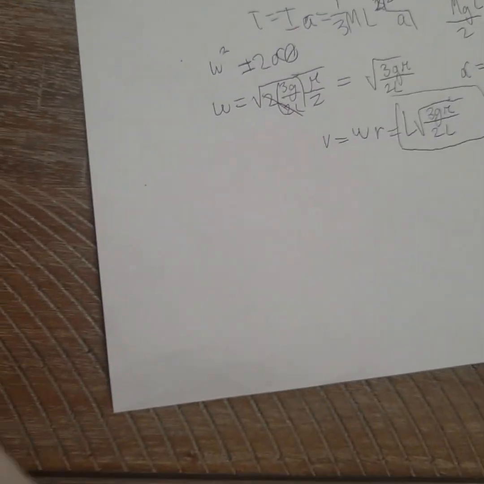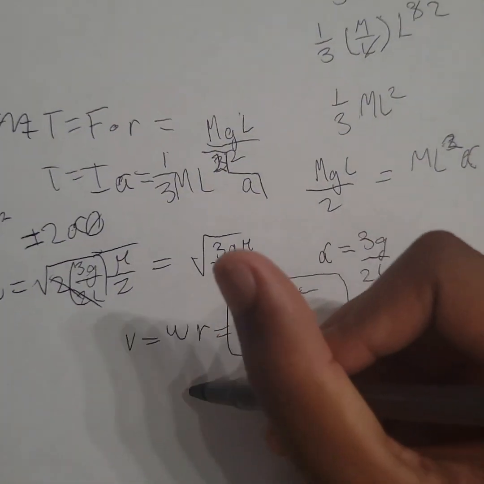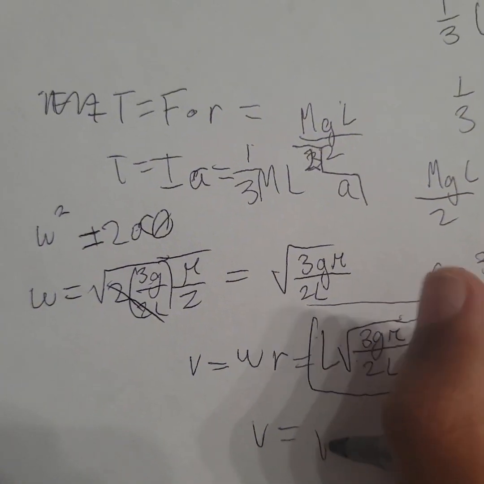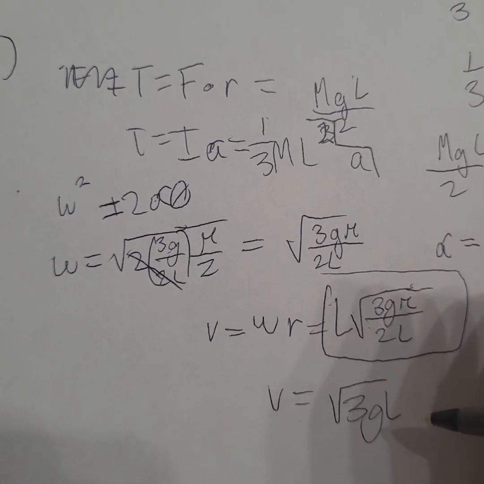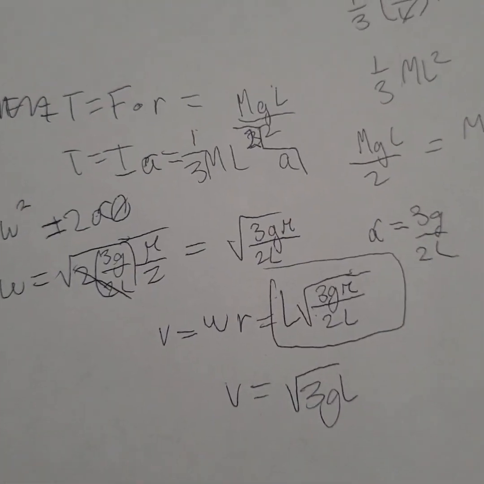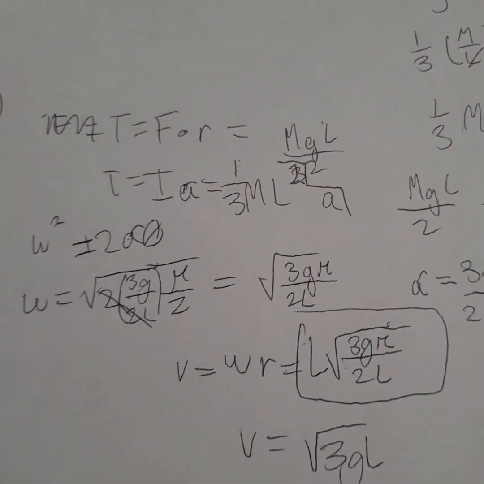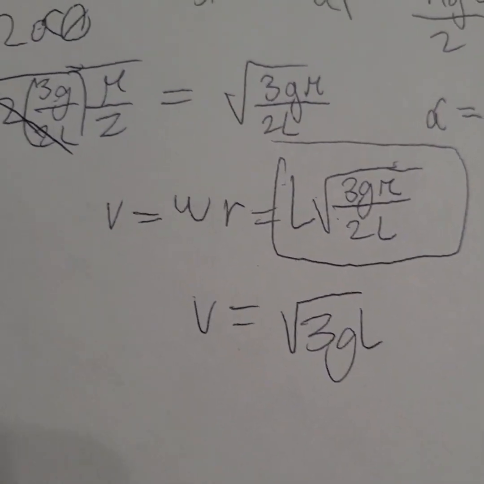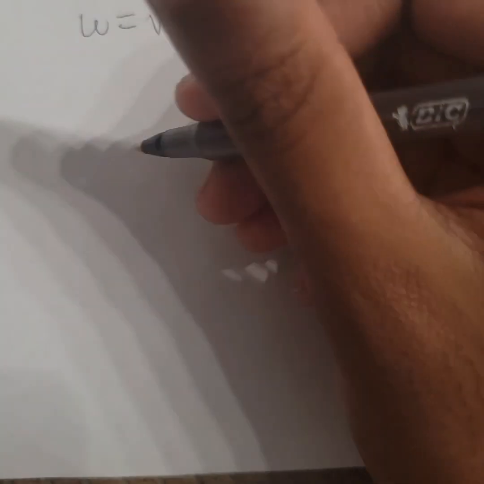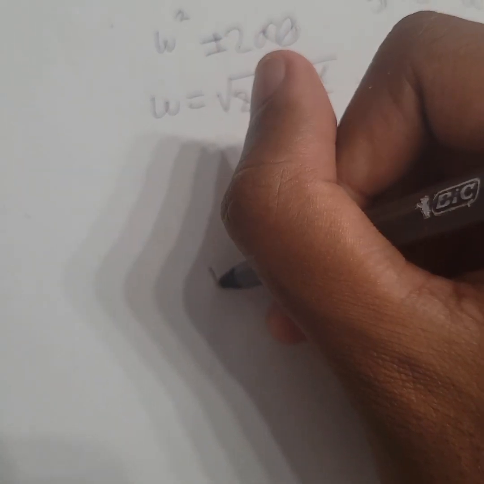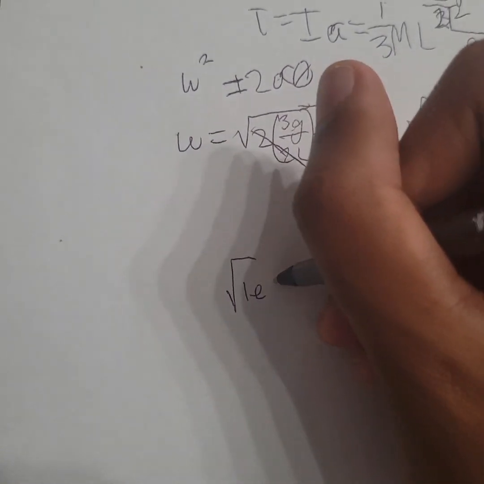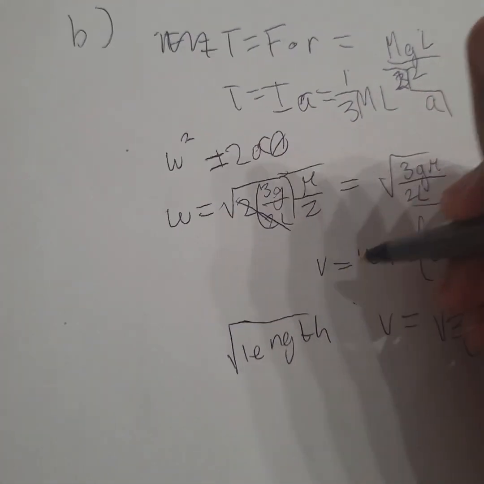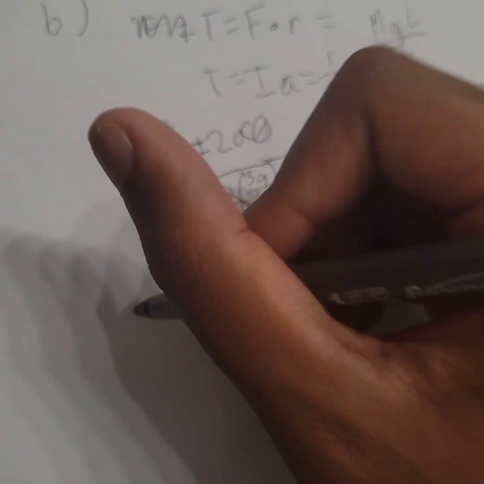So when you simplify this out, it would be v equals root 3gl. And so basically what we can see is that we have v on one side, and then we have root l on the other side. So those would be our two quantities that we'd want. So on the x-axis, we'd want the root of length. And on the y-axis, we would want v.